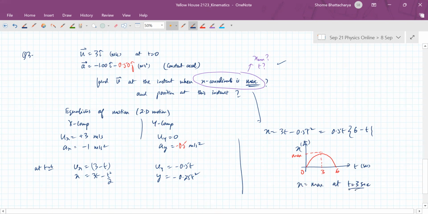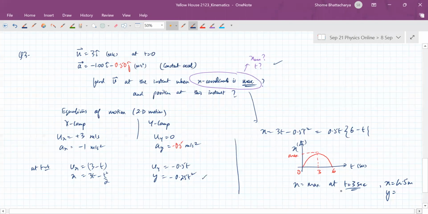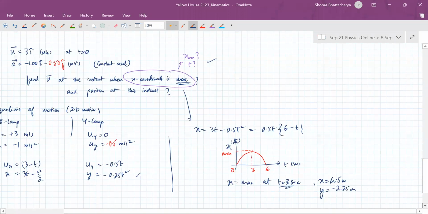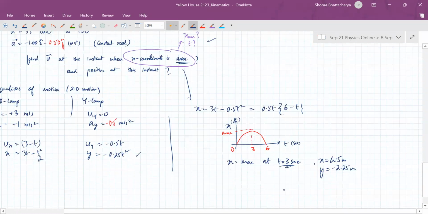So at that instant, the x coordinate will become 4.5 meters, and the y coordinate from here will become minus 2.25. And the x component of velocity would obviously have become 0.